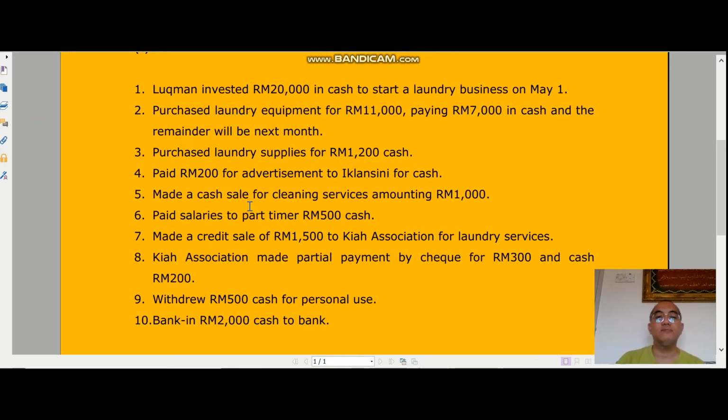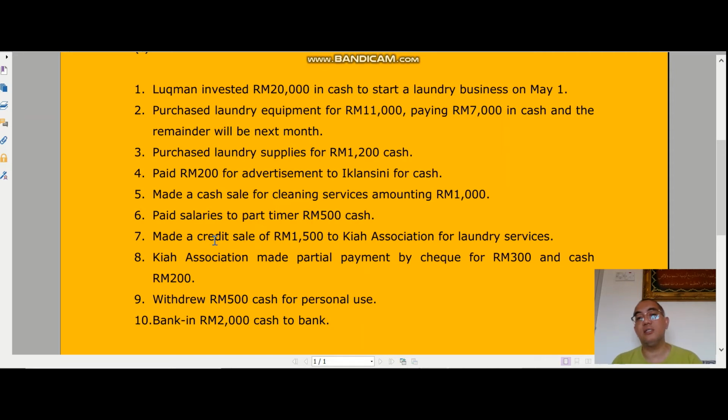Number 7, you made a credit sales of 1,005 to Kia Association for laundry services. Again, this is a sale, but this is a credit sales. A normal sales, when you do sales, you will receive cash or check. But here, we cannot see any word of cash or check. So it's a credit sales.